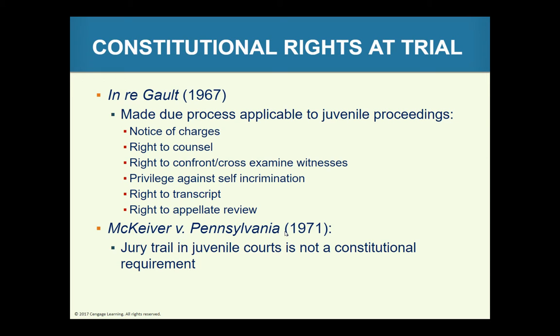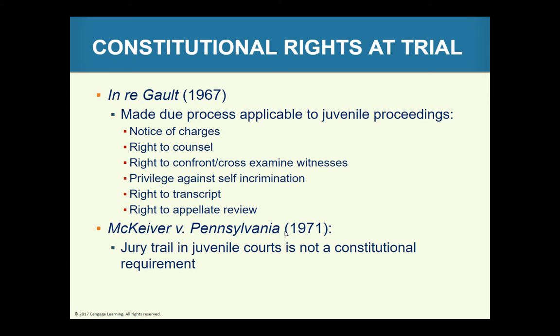So the constitutional rights required for these cases are basically about due process. And due process must be satisfied in juvenile court proceedings. Gault, a 1967 case, remains the key constitutional case in the juvenile justice system.